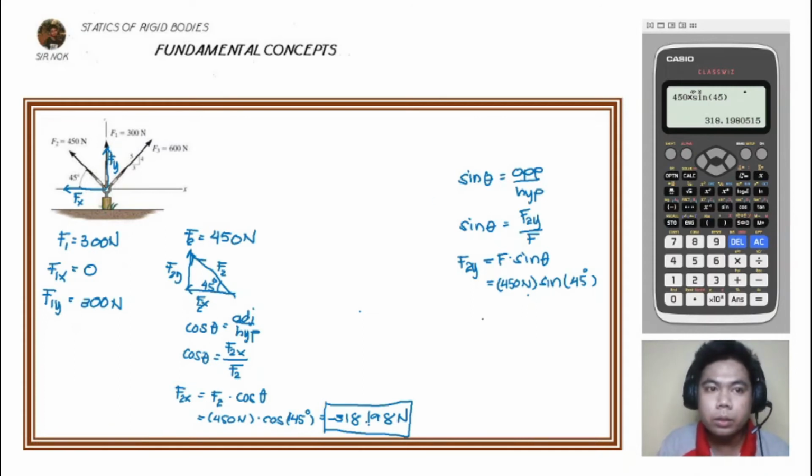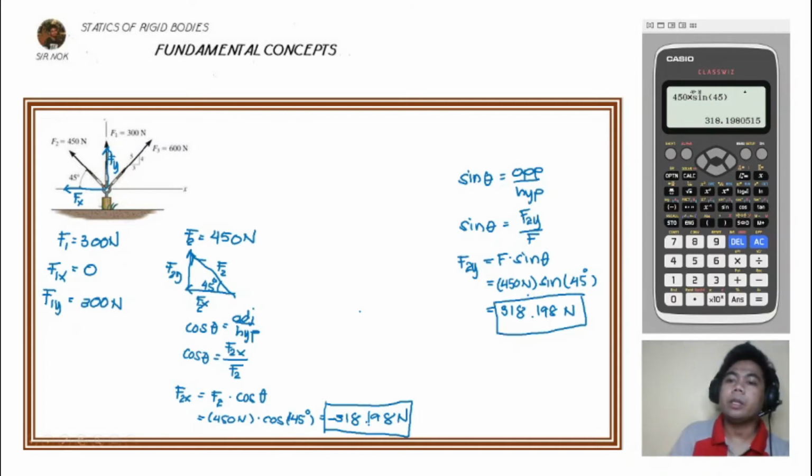It is upward, so it is positive. So 318.198 newtons is the magnitude of the y component.